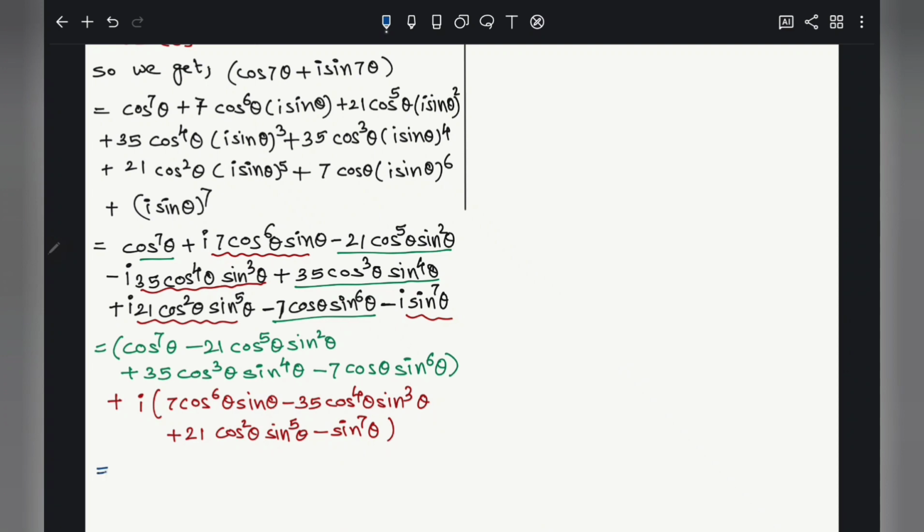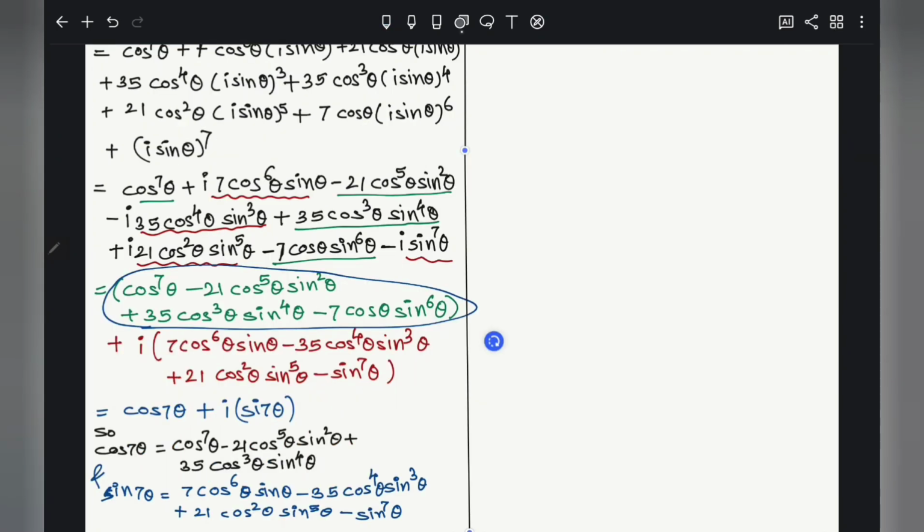So whatever we have noted here as a real part is actually the answer for cos 7 theta, and whatever we have noted here as an imaginary part is the answer for sin 7 theta. Okay, so you can write very easily, write the last step.